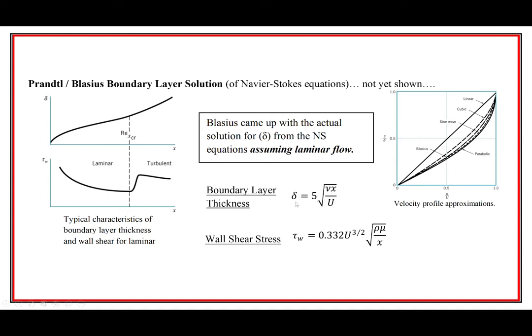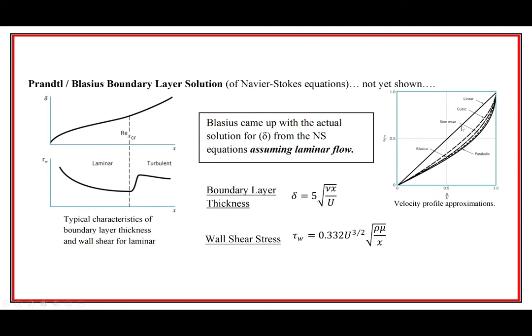One of the fallouts was he's able to predict the thickness, and that's what the delta is, of the boundary layer as you're moving along in the x direction along an infinitely long plate. And then he also estimated what the shear stress is going to be. These are closely related. We're not going to do the derivations of them, but you can get a sense that we are able to do it because it's closely tied to the velocity profile.